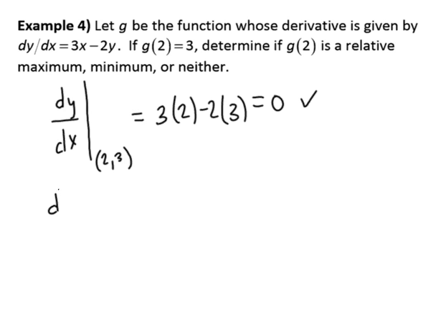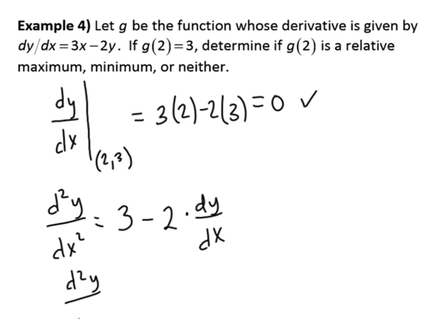So to find the second derivative, we're going to have to use implicit differentiation. So derivative of 3x with respect to x is 3 minus 2 dy dx. Now, if I want to find out what the second derivative is at the point (2, 3), then all we have to do is plug in the derivative at the point (2, 3). And what did we find it to be? 0.